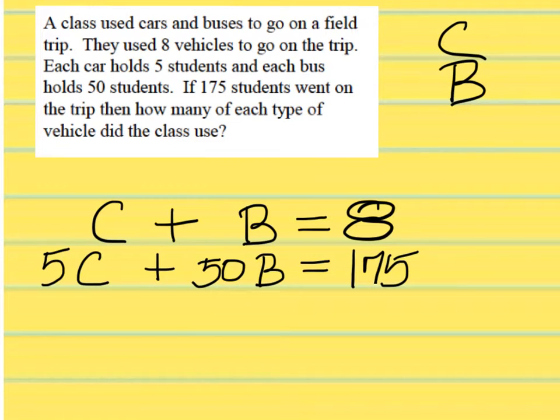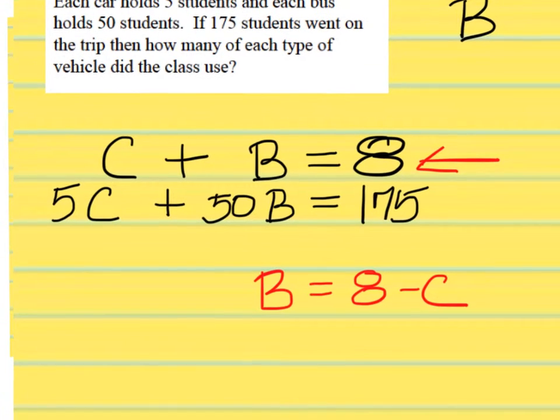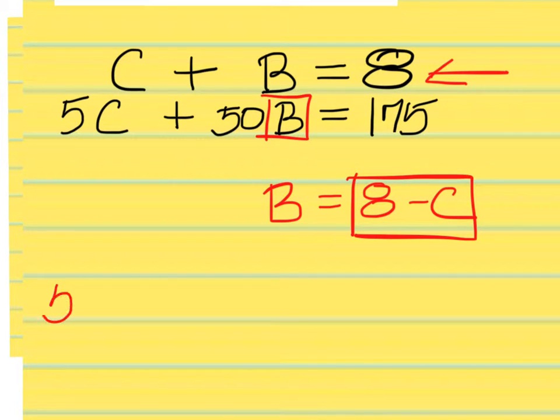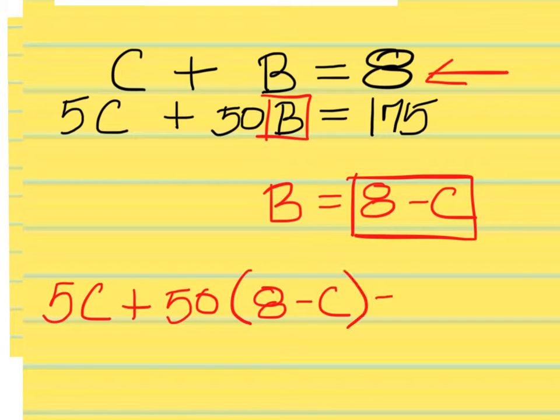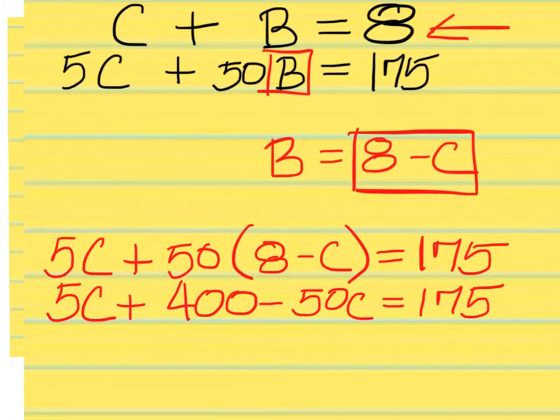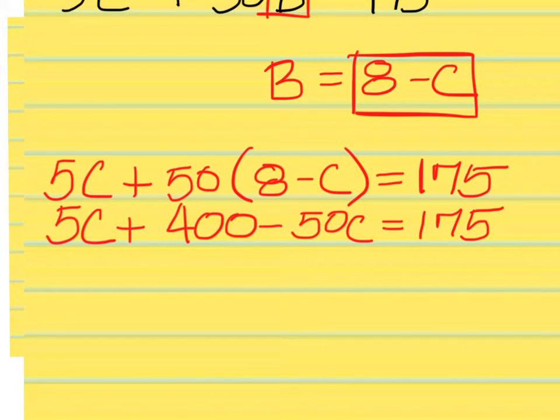Now we can solve this by substitution by looking at this. We can do B equals 8 minus C. And if we do that, we can plug this expression into B here. 5C plus 50 times 8 minus C equals 175. Distribute the 50 to get 400 minus 50C. Combine your C's together. You have 5C and minus 50C.